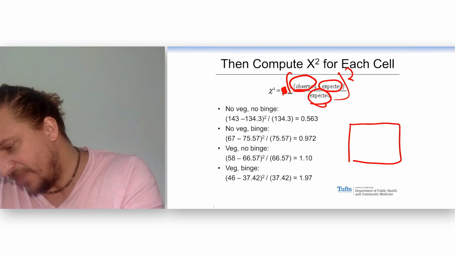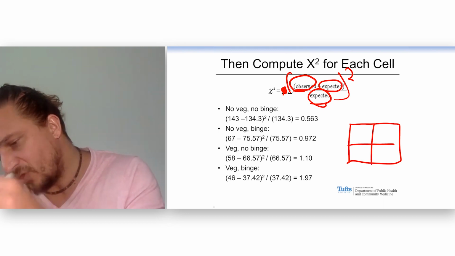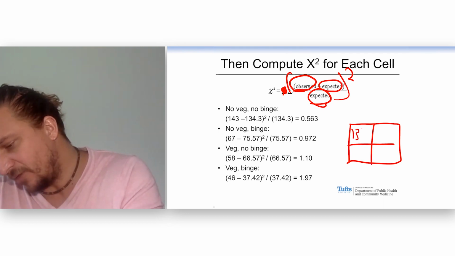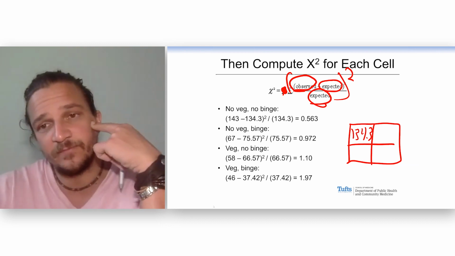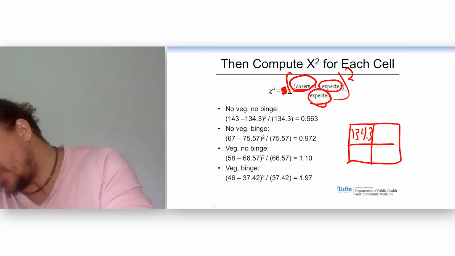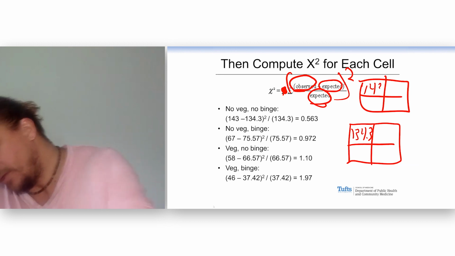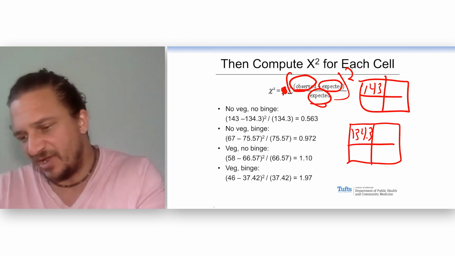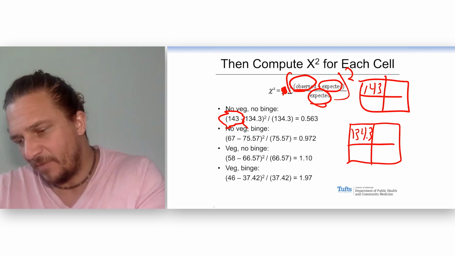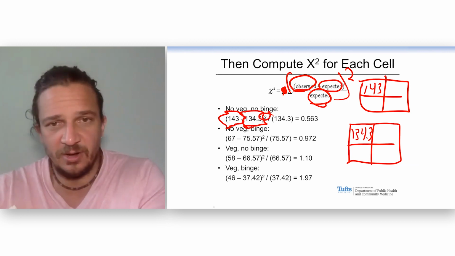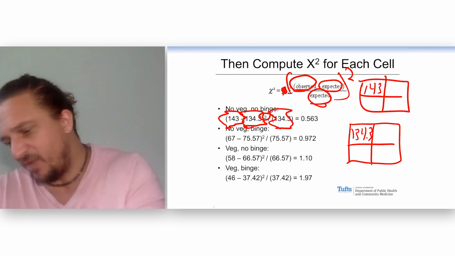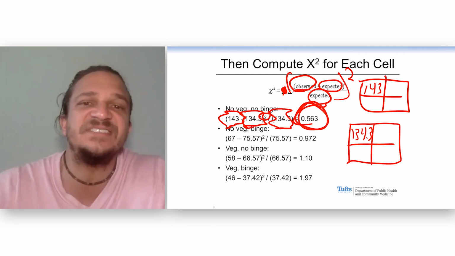So in this cell right here, we would expect to see 134.3. What we actually saw was 143. So that goes here. Observed minus expected squared divided by expected, and we get this little number, 0.56.